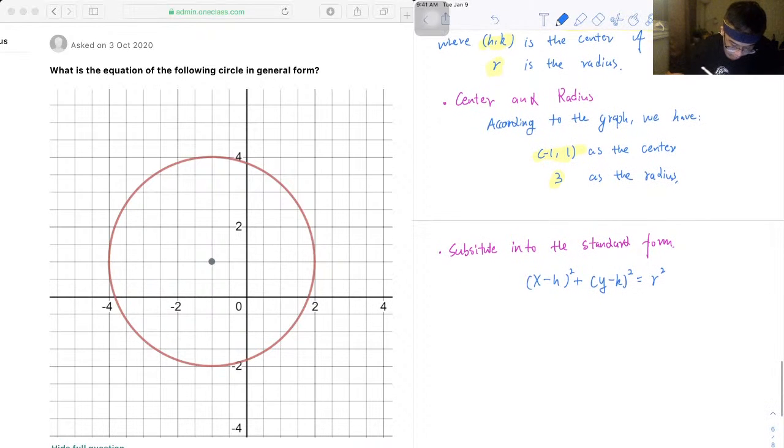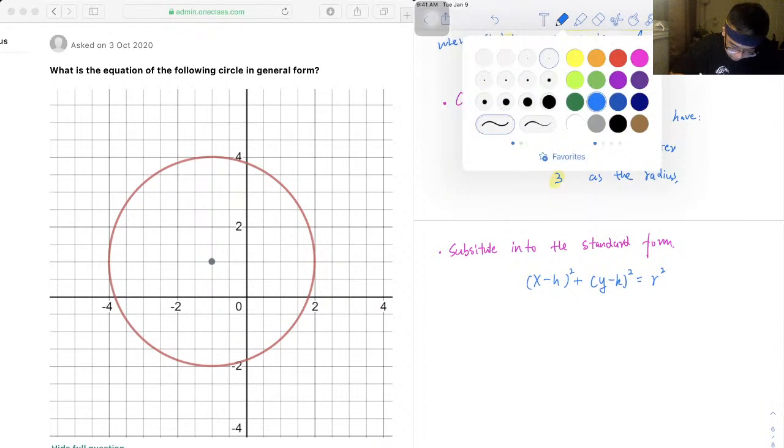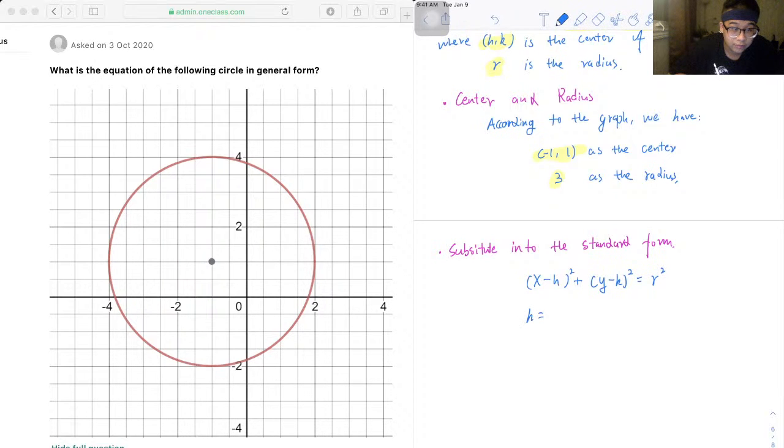So in our case, h will be negative 1, because h is the x coordinate, and k would be positive 1, which is our y coordinate of the center, and given the radius, r is equal to 3.